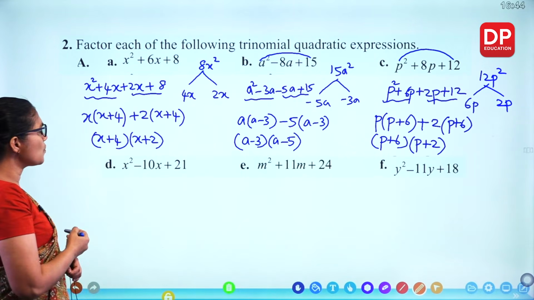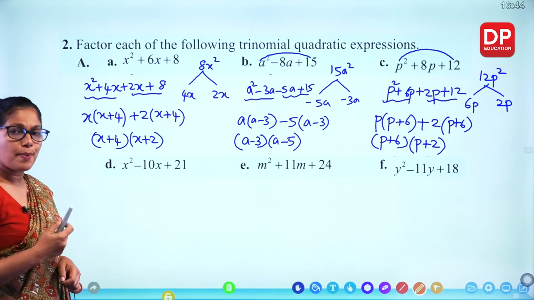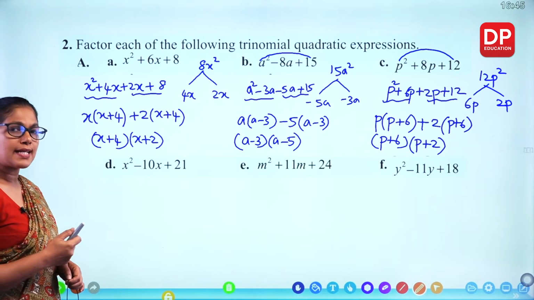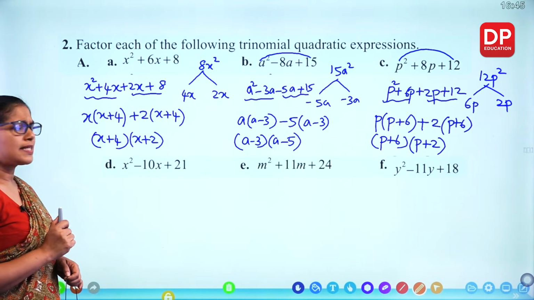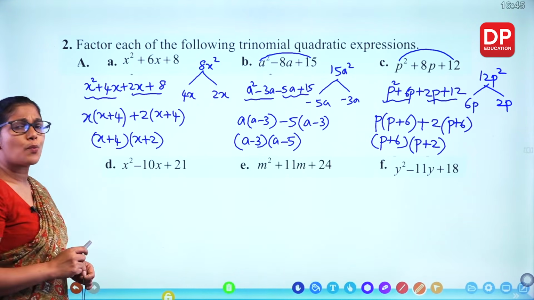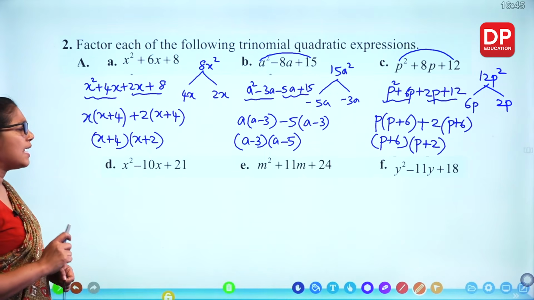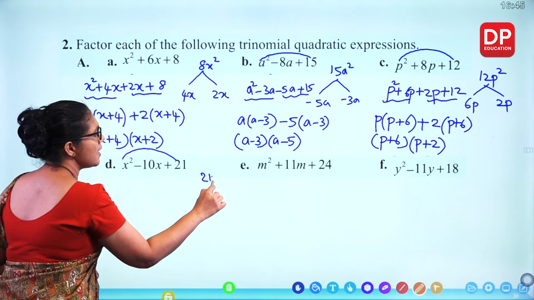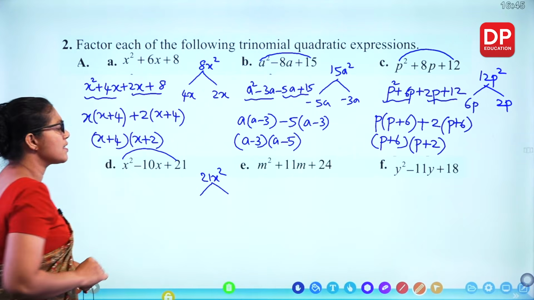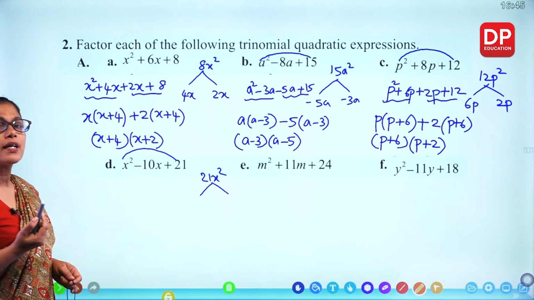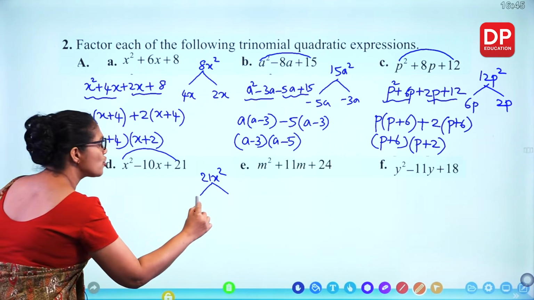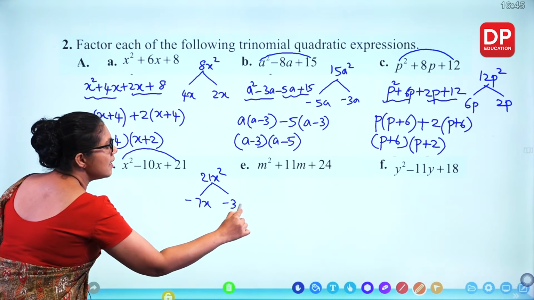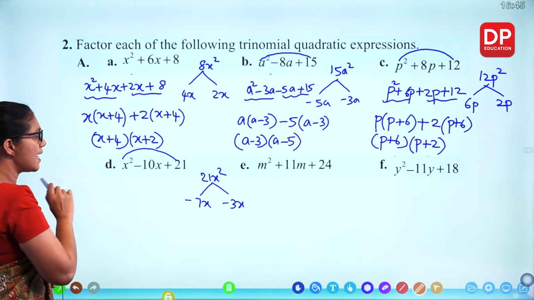Now when you take this one, the last one is plus and the middle term is negative. So how can you get the middle term negative with the last one positive? Both should be negative. So what are the factors? So you get 21x squared. What are the factors of 21? 7 and 3. So both should be negative to get negative 10.